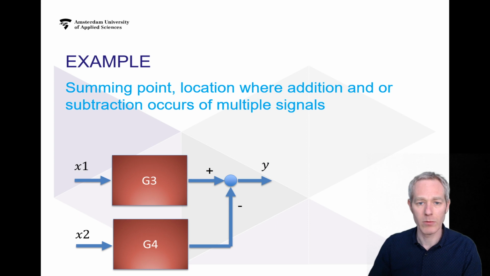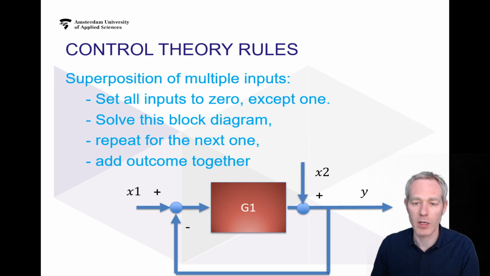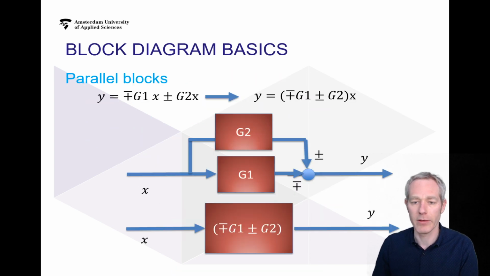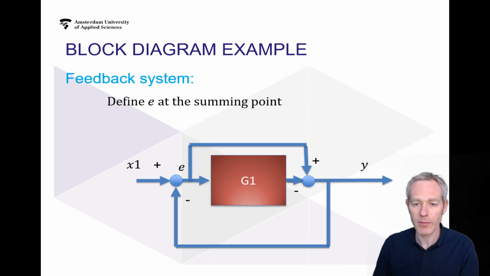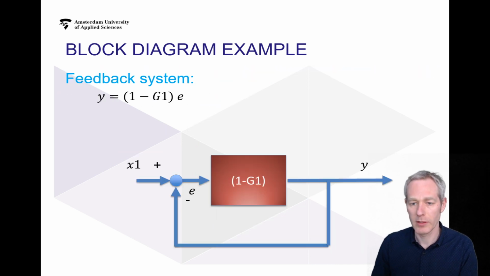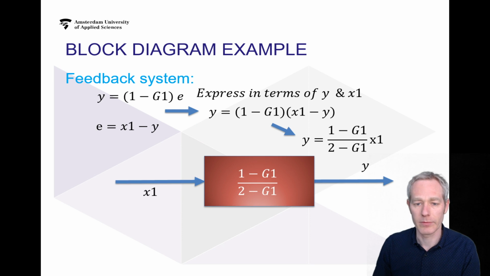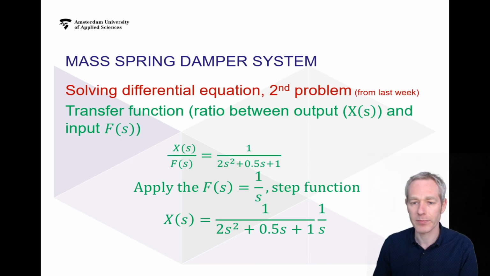This is a PowerPoint where we discuss certain things about loops and cascaded and summing of blocks, and I will just quickly scroll through these. This is again a form where we don't use a mass-spring damper system, but simply A, B, and C, and how we can derive the block diagram for this.